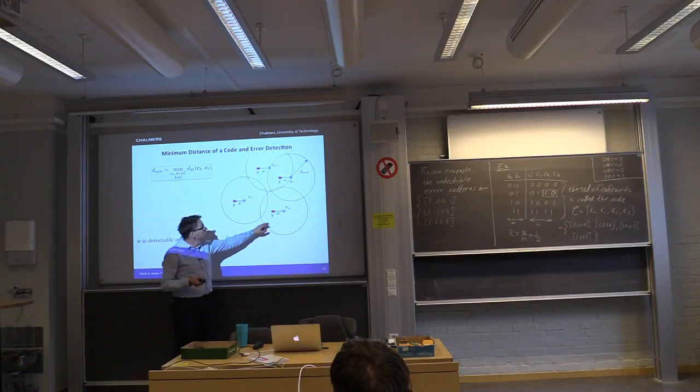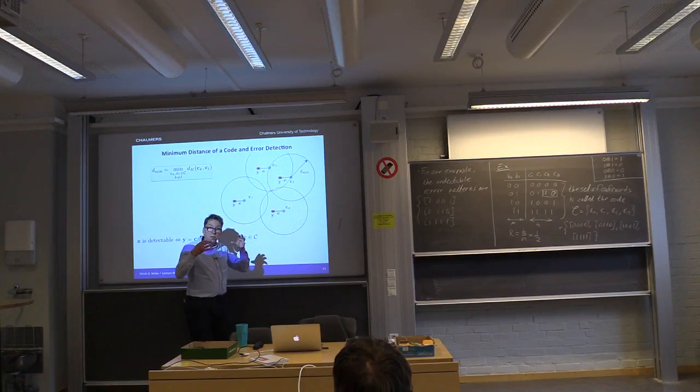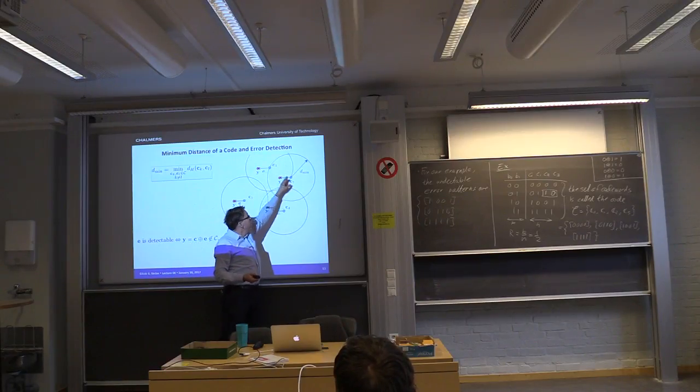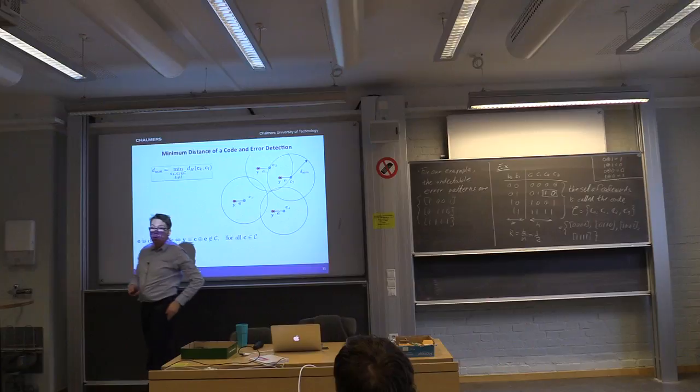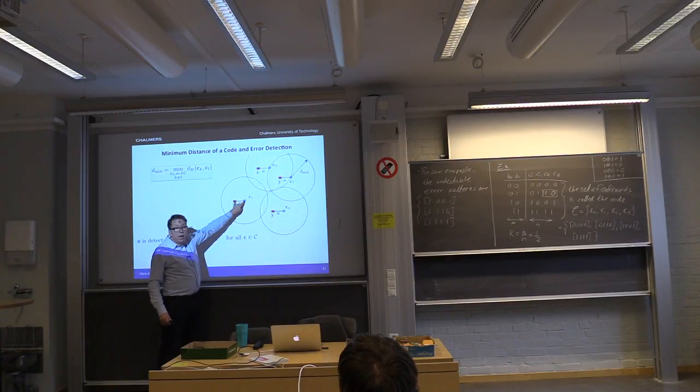Because the minimum distance is the radius of the sphere. And if the error has a Hamming weight less than the minimum distance, we can never go to another code word. You see this? If the length of the error is too small, it can never reach another code word.